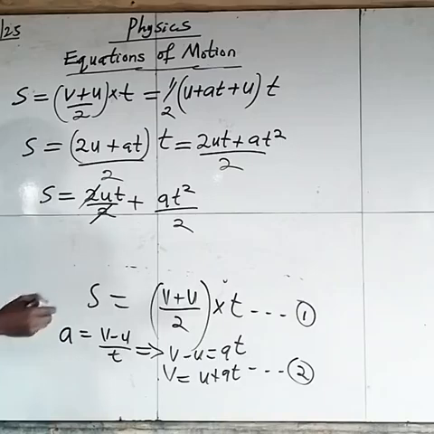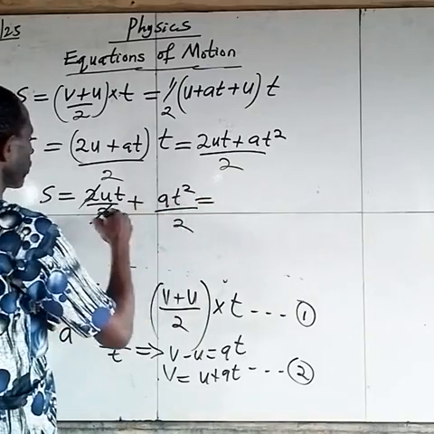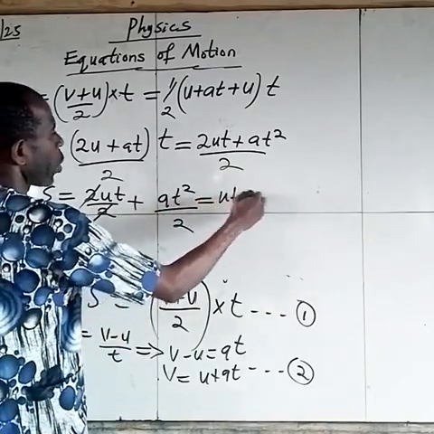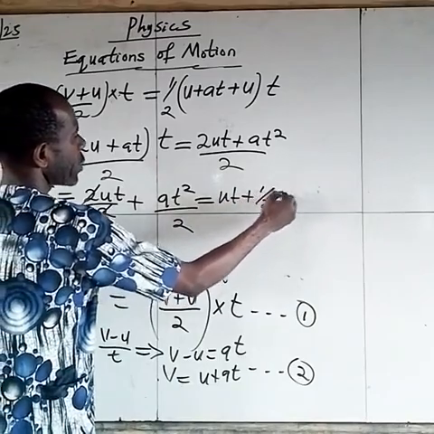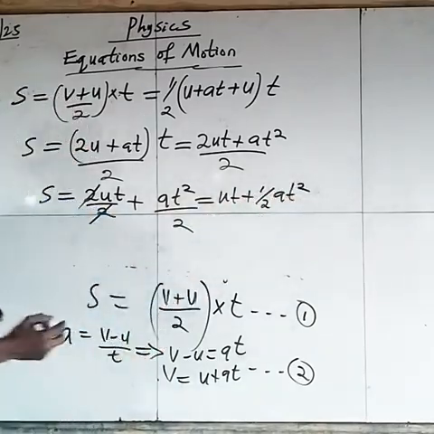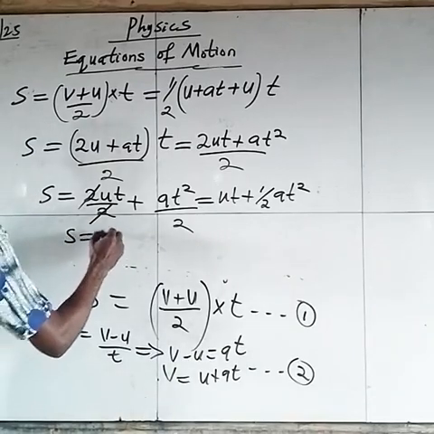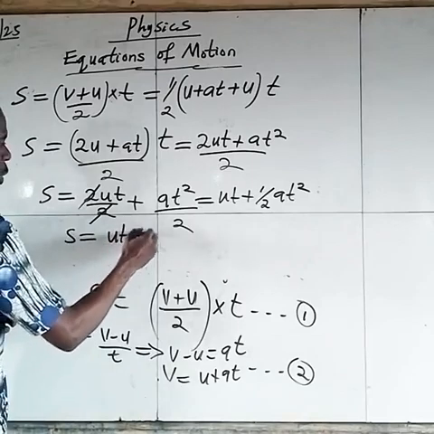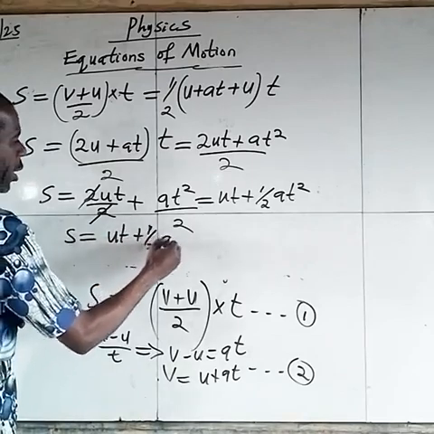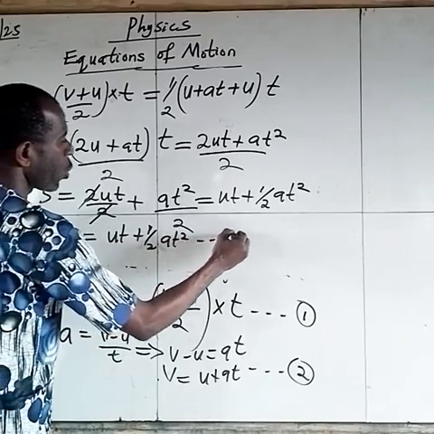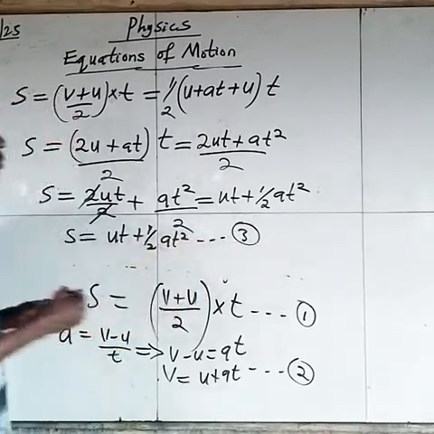These two will cancel these two, so that we now have ut plus half at squared. So your equation 3 becomes s, the total distance, equals ut plus half at squared. This is your equation 3.